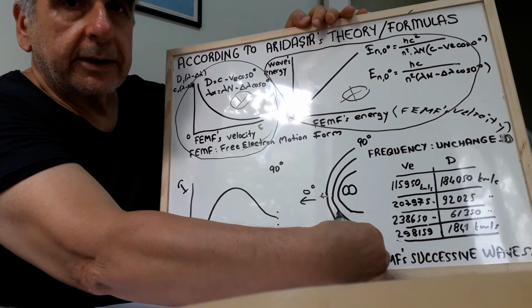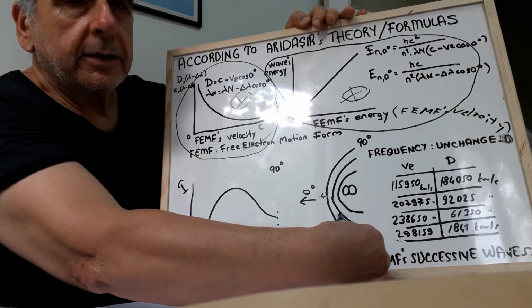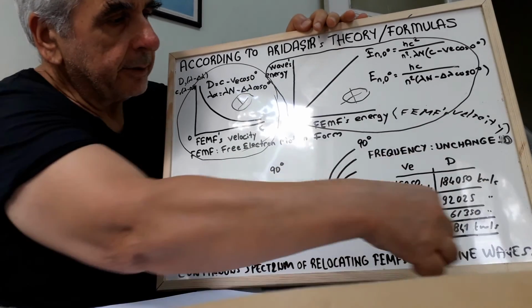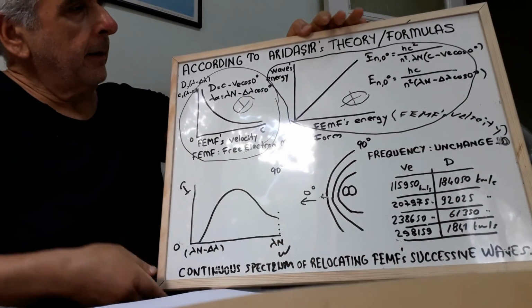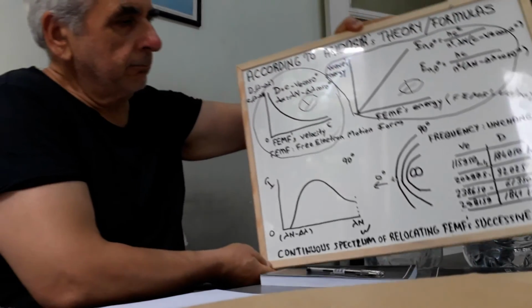The velocity of light is variable. Here we are.